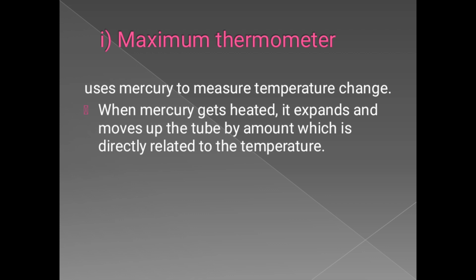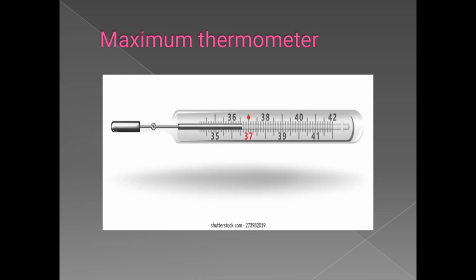About the maximum thermometer, it uses mercury to measure temperature change. When the mercury gets heated, it expands and moves up the tube by an amount which is directly related to the temperature. Here we have an example of a maximum thermometer.